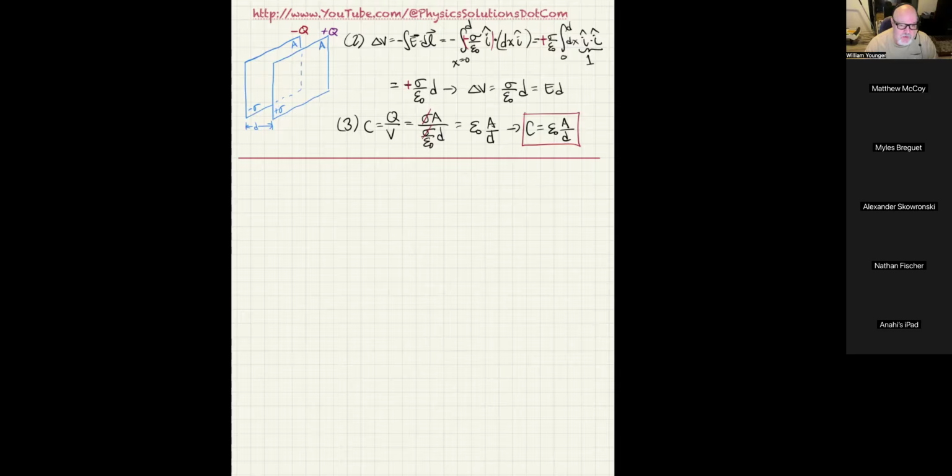Now I'm going to go ahead and derive it for another type of capacitance. I think the next one is coaxial cable. I'm going to call this an example.